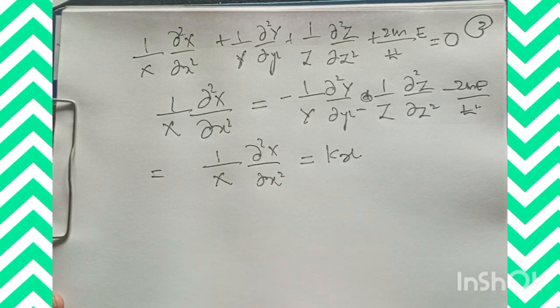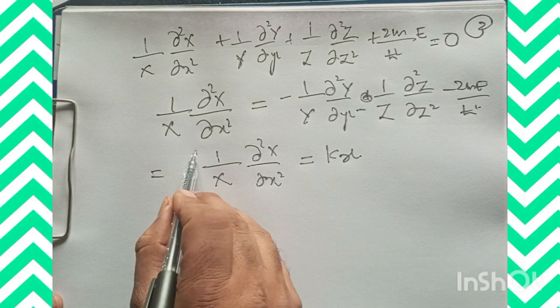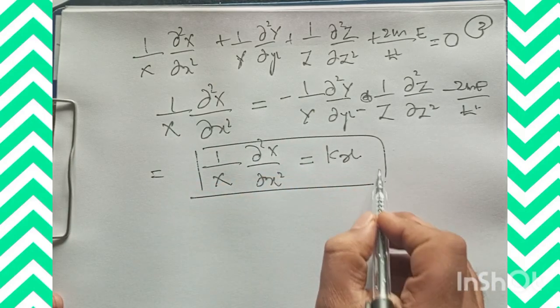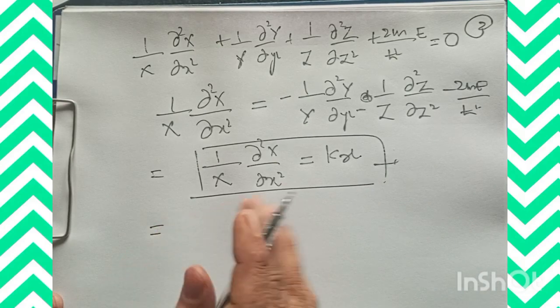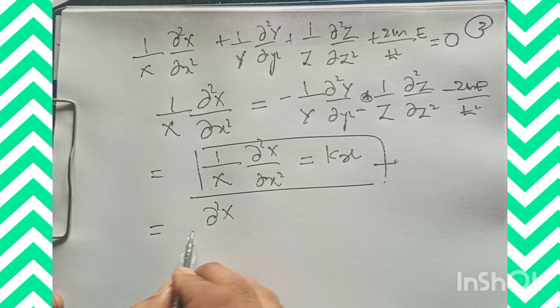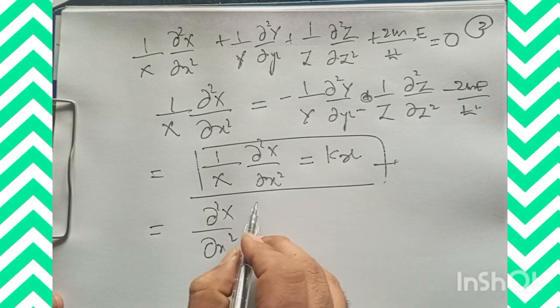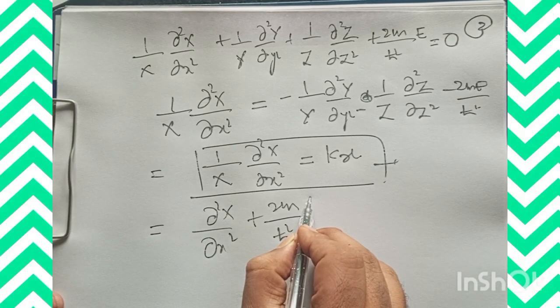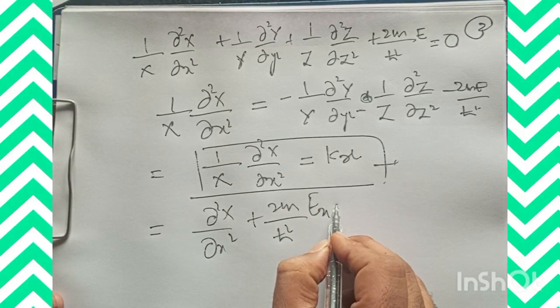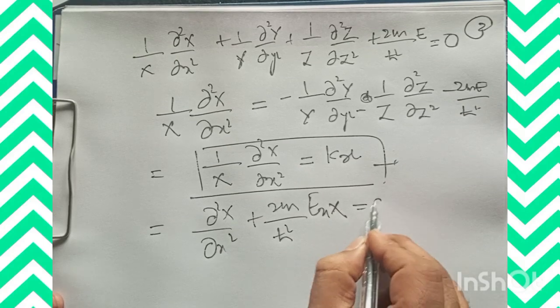And we will go along with the same procedure for all the three cases, and we will have three separate differential equations. We will have a differential equation in terms of x alone, and that will be dou 2X by dou x2 plus 2m by h cross square Ex X of x is equal to 0.